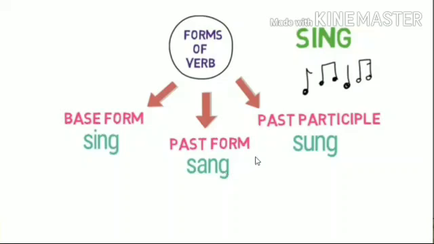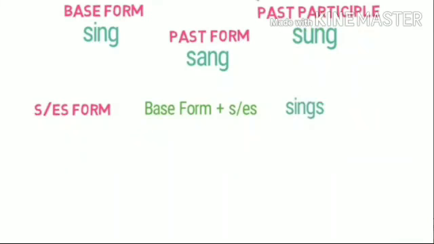Apart from these three main forms, there are other two forms, S or ES form. It is used when the subject is third person and in singular form. Third person singular means he, she or it.